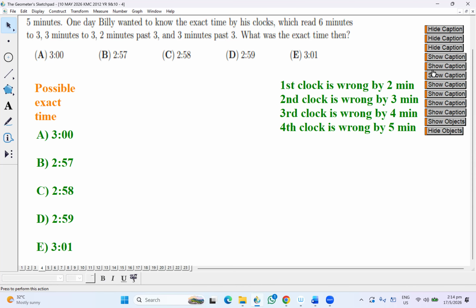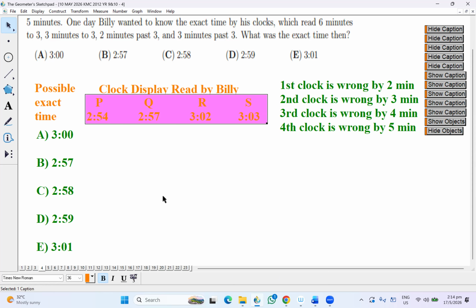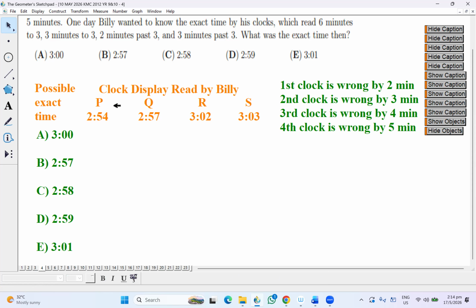So we show the display. Clock display will be based on this. We don't know which one is first, second, third, fourth, so we call it PQRS.